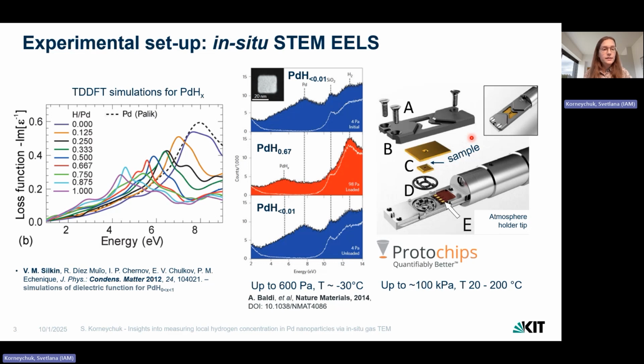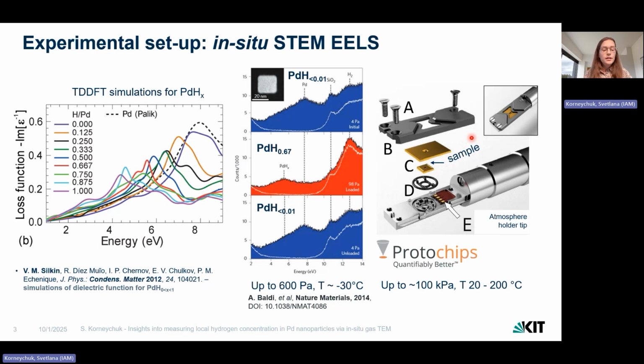theoretical article by Silkin, where they simulated the dielectric function of palladium-hydrogen systems for different concentrations of hydrogen in palladium with time-dependent DFT simulations. So this graph shows you the imaginary part of the dielectric function for different hydrogen concentrations in palladium.